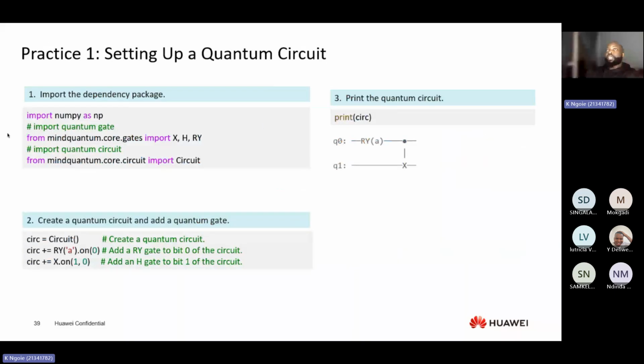You can see we are writing in Python, and we can just import the dependencies. That means we can import NumPy, obviously, and then we can import MindQuantum, because we've already installed it. From MindQuantum, we can call whatever we want to use in our calculations.